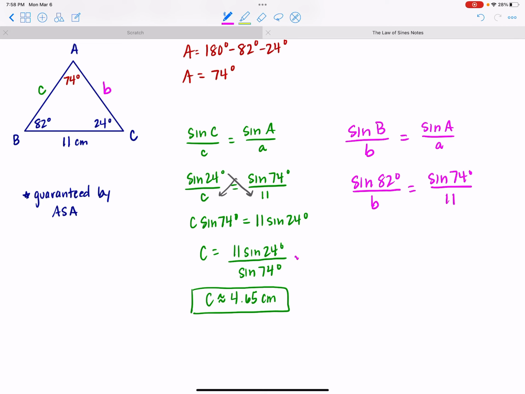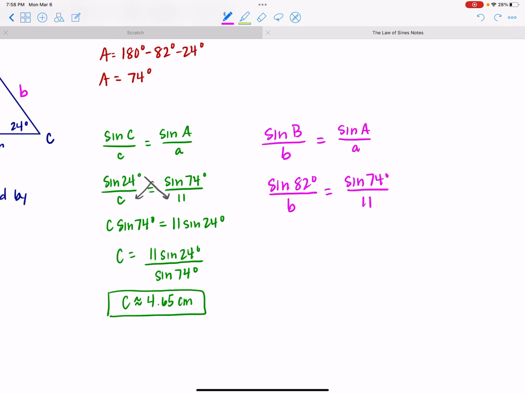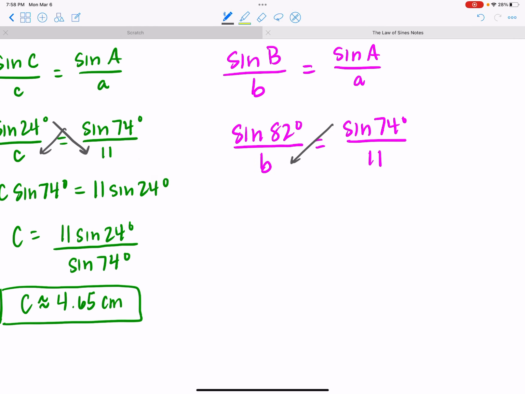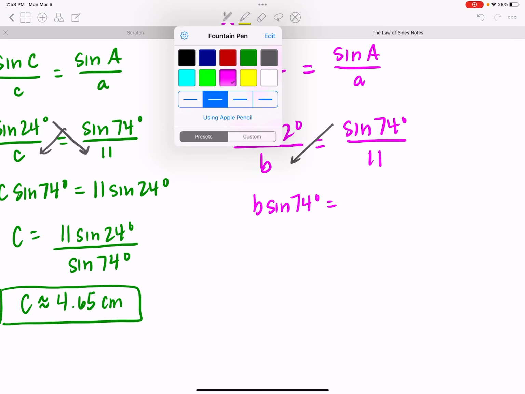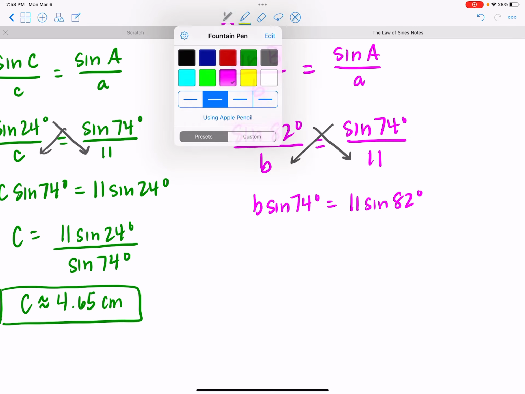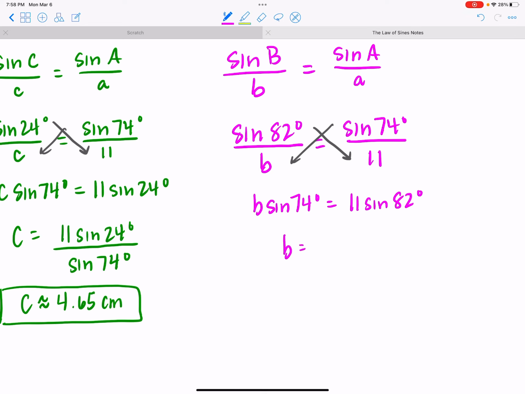And again, if you wanted to skip to this part because you already know how this is going to work out, I'd be totally okay with that. If you don't want to because you need the practice, cross multiply. Then you have B times the sine of 74 degrees equal to the cross product here, I swear I said go back to pink, 11 times the sine of 82, and then we divide to solve for B, divide over the sine of 74.